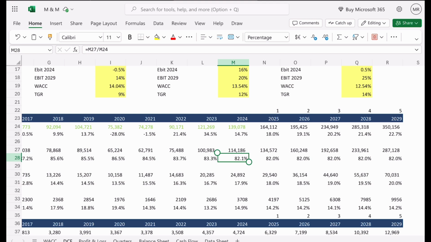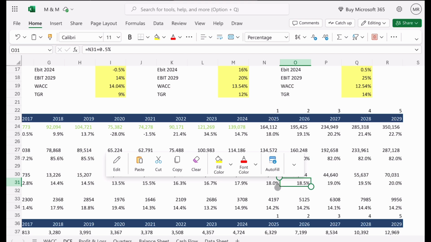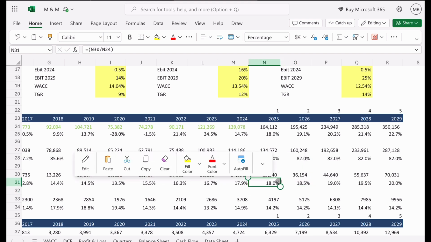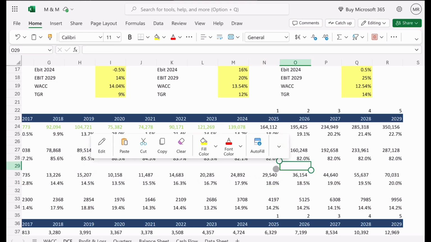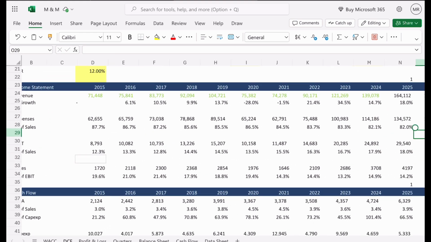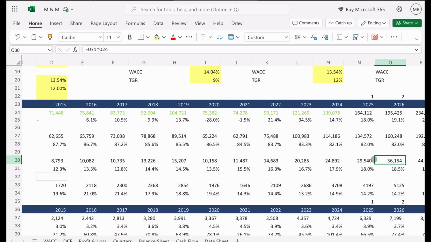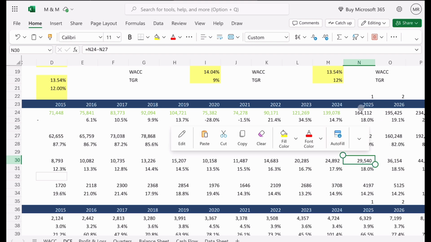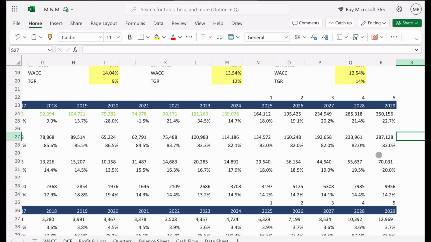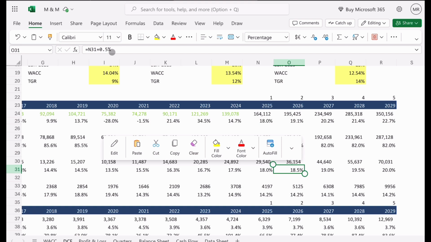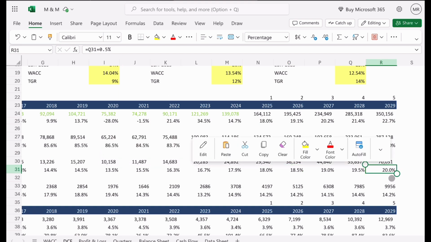Even in the base scenario, I want the company to grow its EBIT. In this year, this number divided by revenue, and I grow it by 0.5% every year. So in 2029 it's 20%.